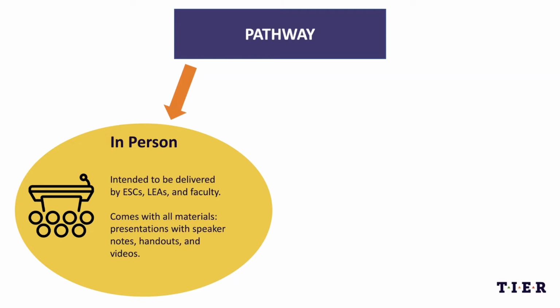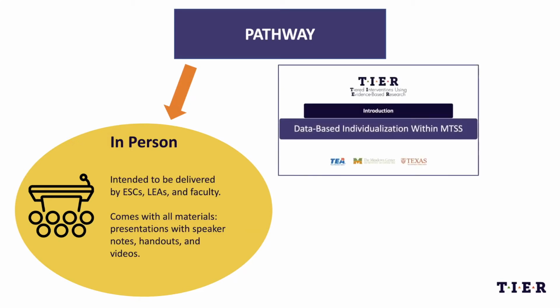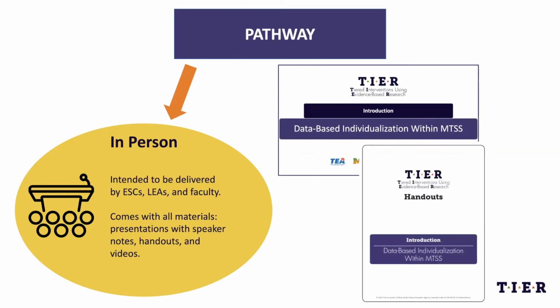And so we prepared all the materials necessary for that in-person training. They will have presentations with speaker notes, handouts, and videos. A trainer can download all of the materials. This is a presentation example, and this is a handout example to conduct the training at their local site.